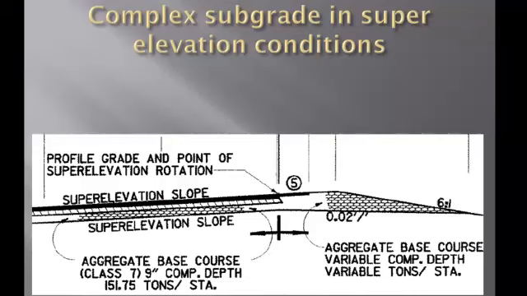The first one is the rotation of the driving lanes, which are over here, and if you remember, this is actually the shoulder and not a driving lane. Now, in this situation, we show this road in full super, and what occurs is at some point these two catch up to each other and then start rotating at the same slope.